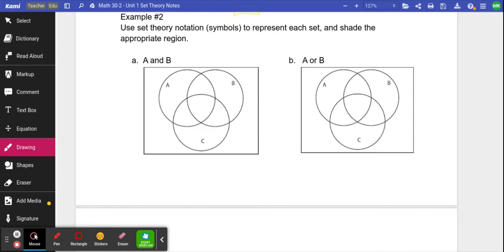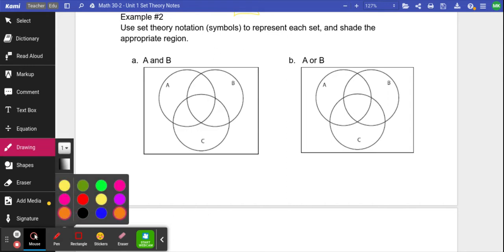Example number 2. Use set theory notation to represent each set and shade the appropriate region. So looking at this first question, A and B, if you were to write that with set theory notation, it'd be A and B. Remember that and is like both.